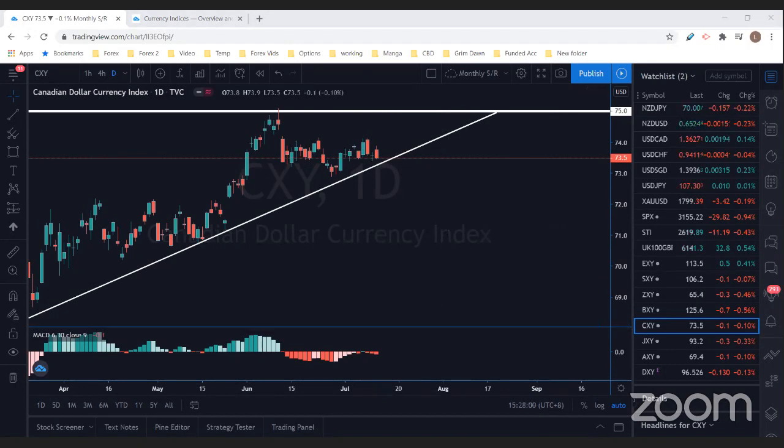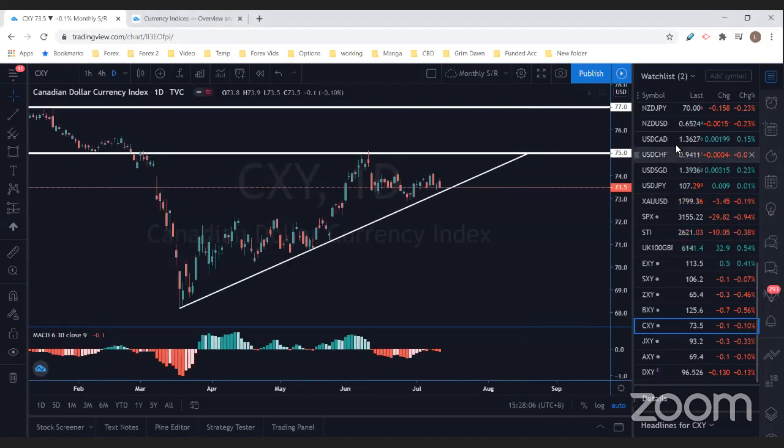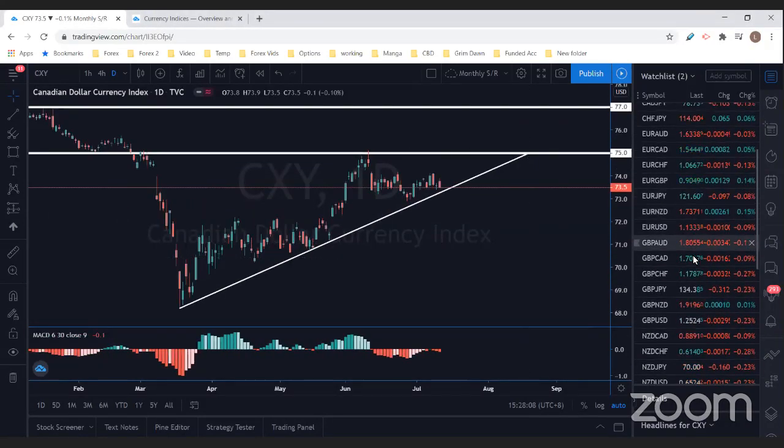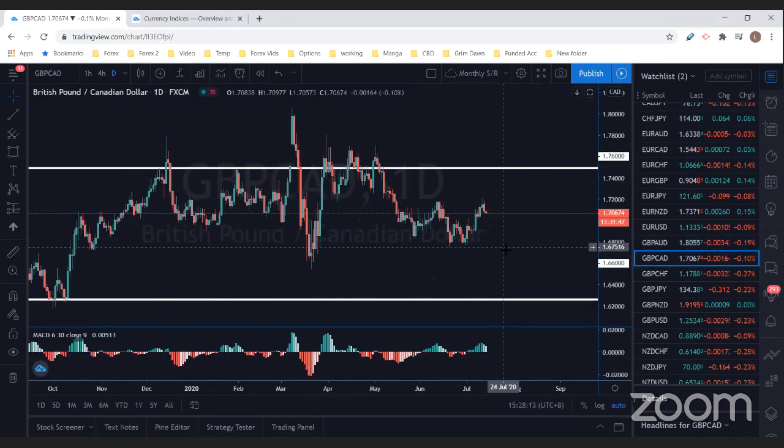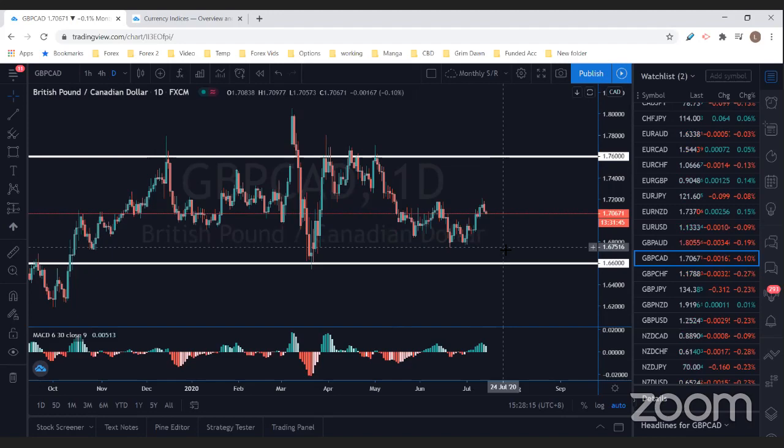Now, let me look at some of the questions online. Is that Jimmy, pound cat pitchfork buy? Let me look at pound cat, how I would go about it. For pound cat, the primary time frame that I'm trading is still 4 hours.